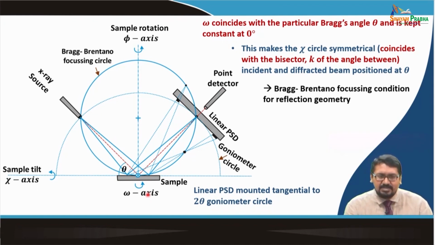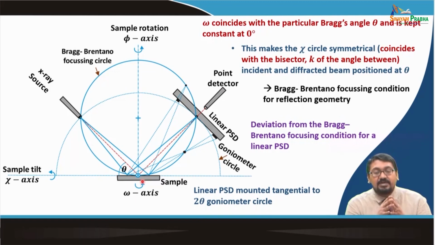And this makes this k, the bisector, which lies in this zeta circle, and this zeta circle becomes symmetric, means becomes the bisector which consists the k of this incident and the diffracted beam, right. So, this zeta circle, this one, if you think that a circle is there, in this axis which is the k.